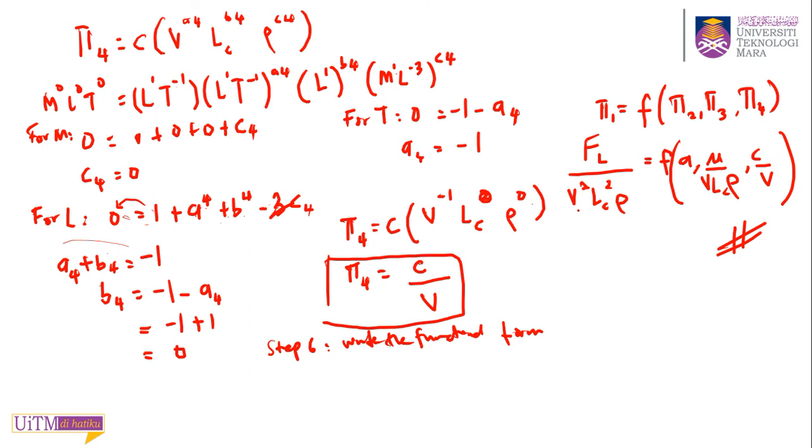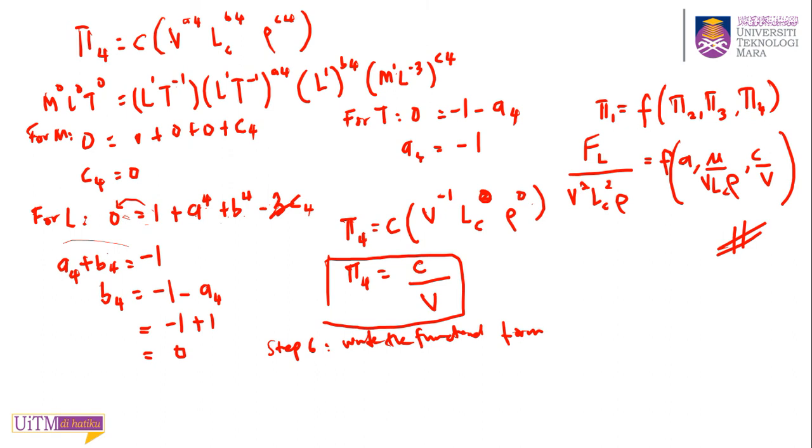Okay, any questions? Can you follow this? Yes, sir. It's quite easy, there are not many calculations. For example in chapter 3 and 4 you have a lot of finding this and that, but in chapter 5, the thing you need to be careful about is like just now, I wrote A4 plus B4 as 1 by mistake.